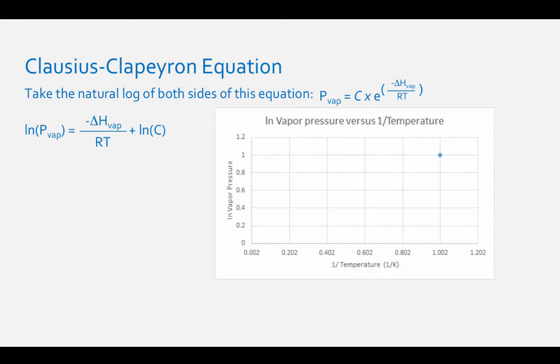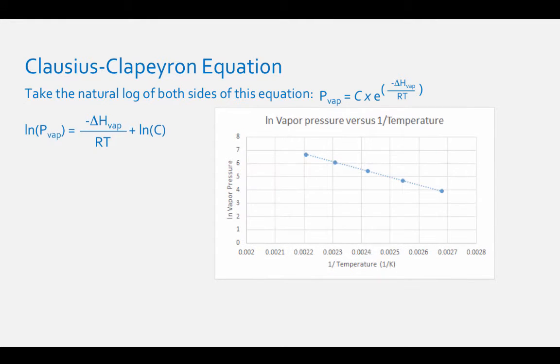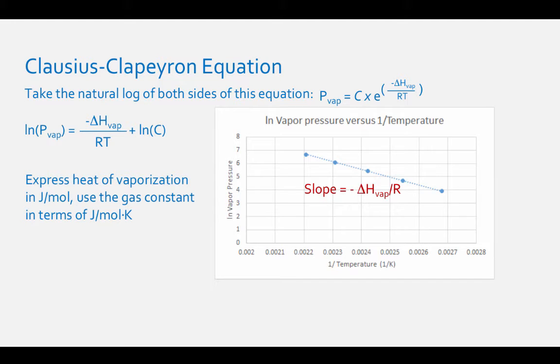Then graph the natural log of the vapor pressure of the liquid versus 1 over the absolute temperature in Kelvin, and the slope of this straight line will be equal to the negative heat of vaporization divided by the gas constant. To solve for the heat of vaporization in terms of joules per mole, use the gas constant in terms of joules per mole times Kelvin. This value of the gas constant is 8.314 joules per mole times Kelvin.